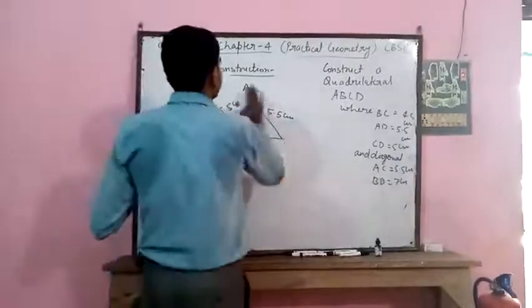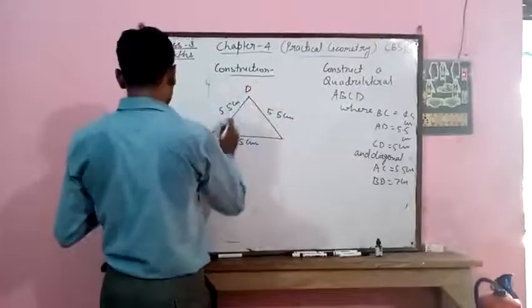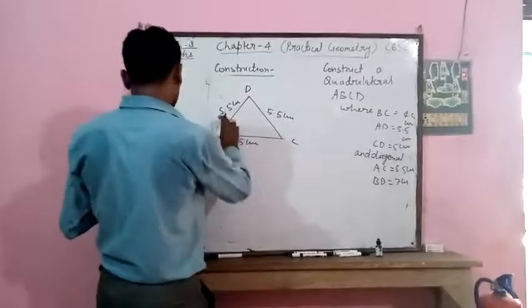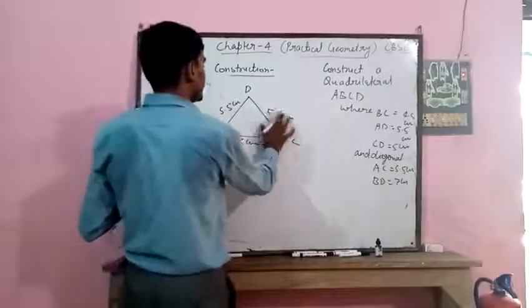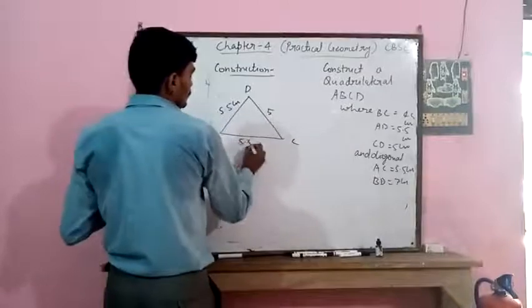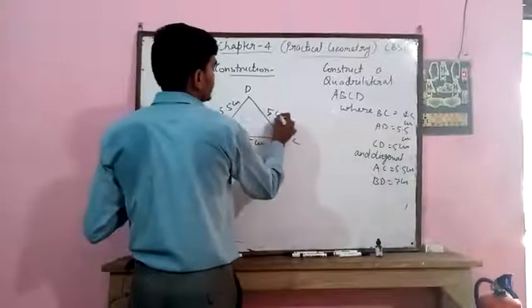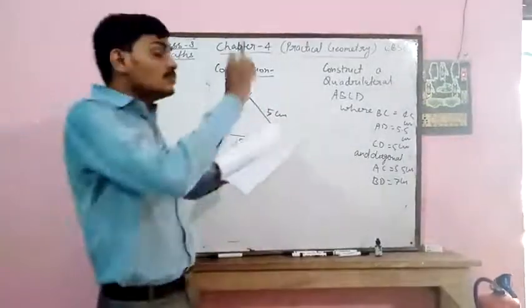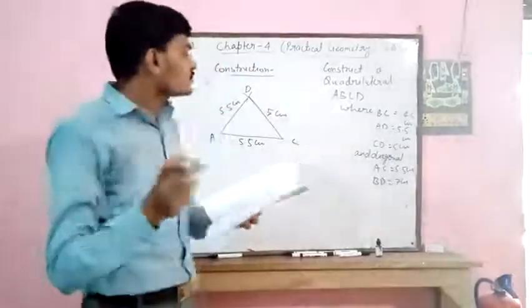Now this is D, A, C. This is 5 cm and this is 5.5 cm. Now from D we have to draw an arc of 7 centimeter.